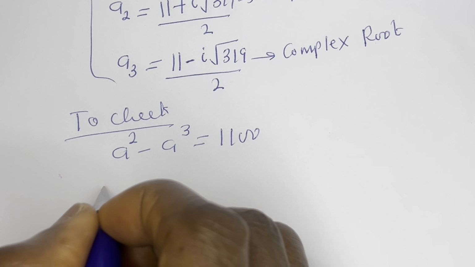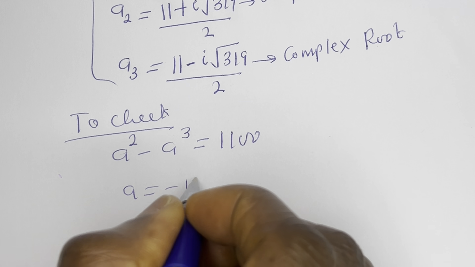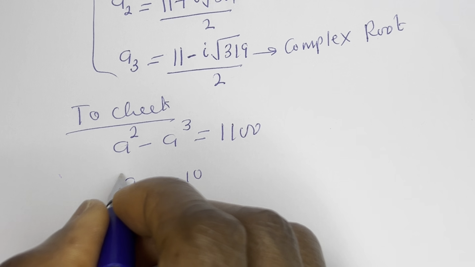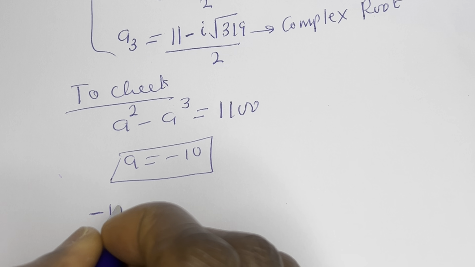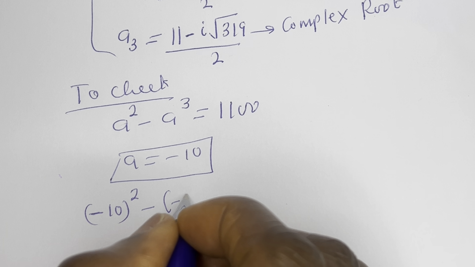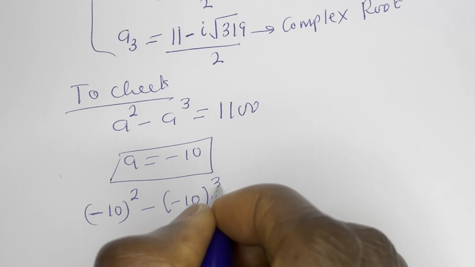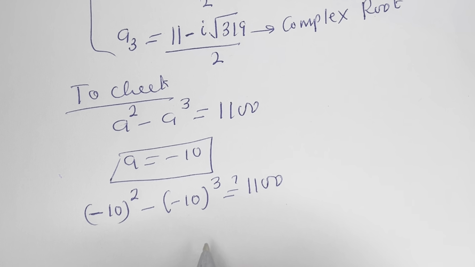Then when a is minus 10, we have minus 10 squared minus bracket minus 10 to the power of 3 must be equal to 1100.